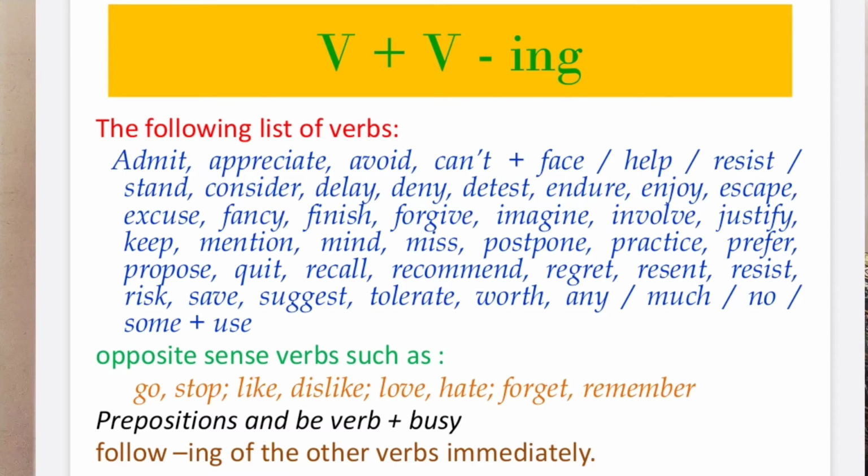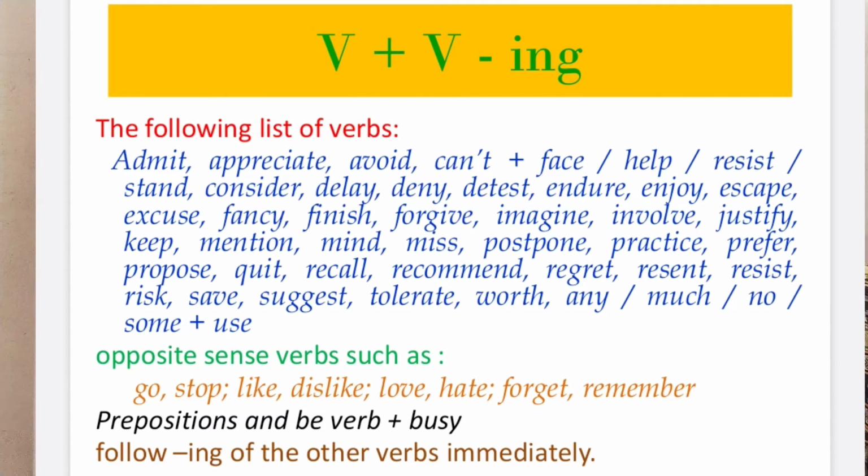Opposite sense verbs means pairs of verbs which are opposite to each other. Here is the list: go, stop, like, dislike, love, hate, forget, remember. And besides this, prepositional verbs, or any preposition, are followed by the ing form of other verbs immediately after them.